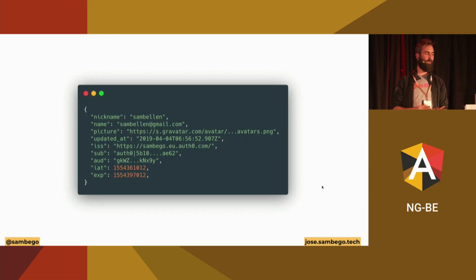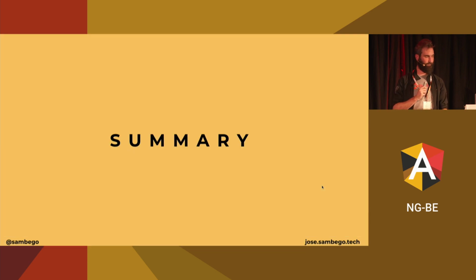Well, if it's an ID token, it's something that's issued when you use OpenID Connect and you authenticate, so it will contain information about the identity of the person that has authenticated. So it will contain things like a nickname or name or a picture. So tokens can contain different content depending on the use case, but when you use a JSON Web Token, usually you have the JWT type in the header as well.